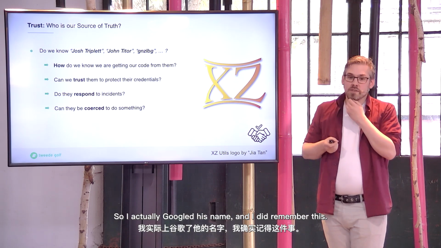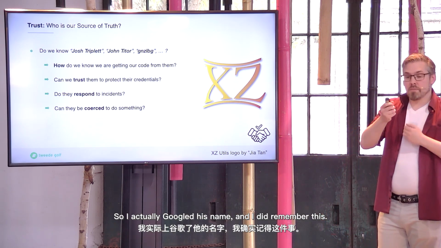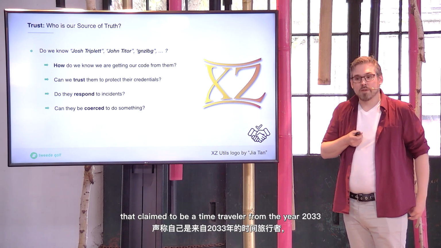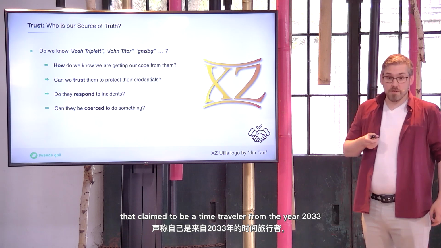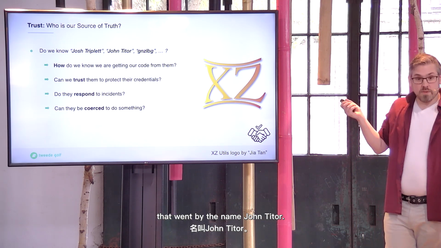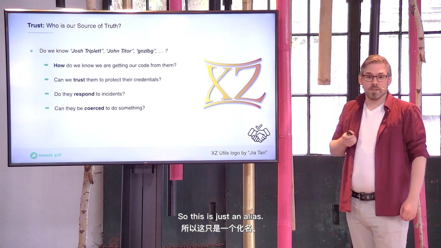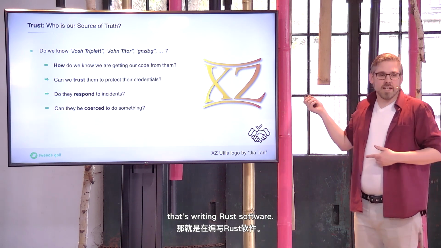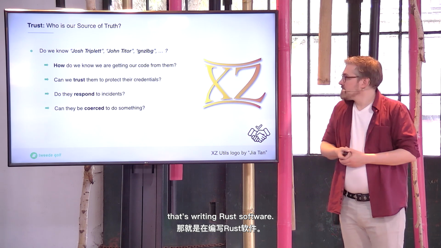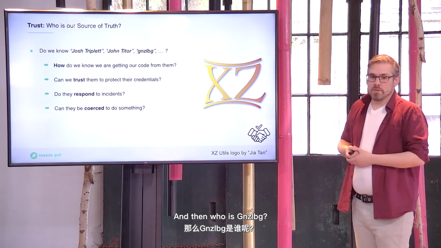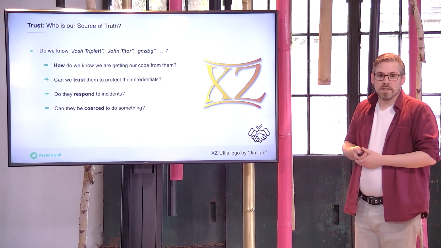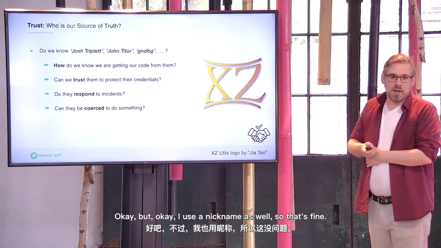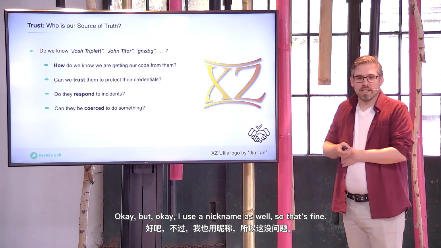So I actually Googled his name, and I did remember this. So in 2000, there was this person on Slashdot that claimed to be a time traveler from the year 2033 that went by the name John Titor. So this is just an alias. Or maybe there's a time traveler that's writing Rust software. And then who is GNZ? I don't know as well. Okay, I use a nickname as well, so that's fine.